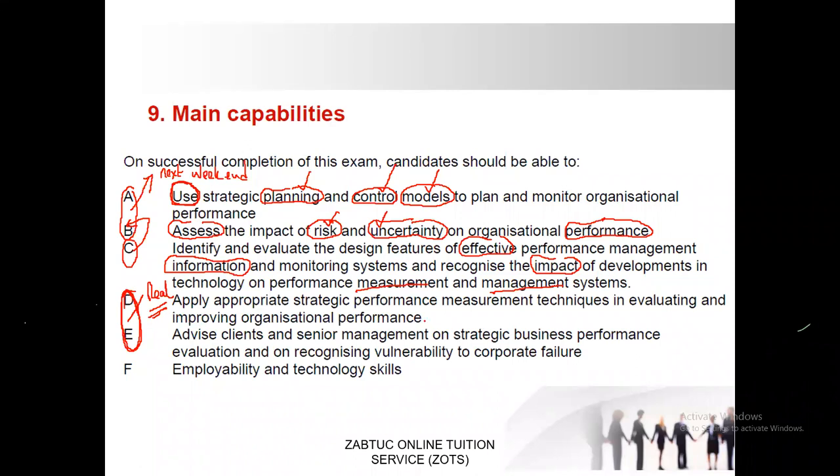Apply appropriate strategic performance measurement techniques in evaluating and improving organization performance. I always say that this sounds quite complicated and big. Apply appropriate strategic performance measurement techniques. That sounds quite scary, you know, when you look at it. So what are they talking about here?